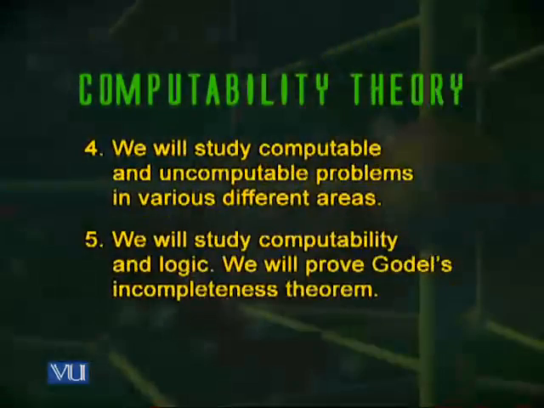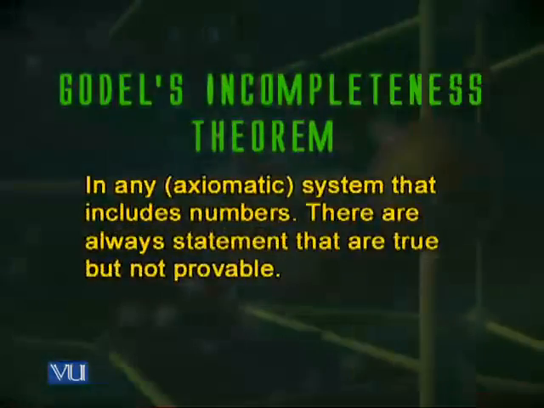We will also study computability and logic, and we will prove what is known as Gödel's incompleteness theorem. Well, Gödel's incompleteness theorem is not really a goal of this course, but it is a fascinating theorem in mathematical logic, and it essentially says that in any axiomatic system that includes numbers, there are always statements that are true but not provable.